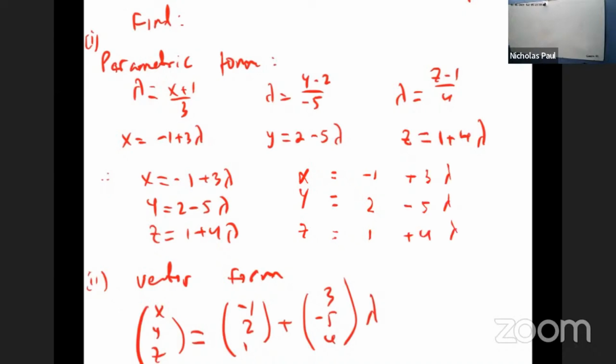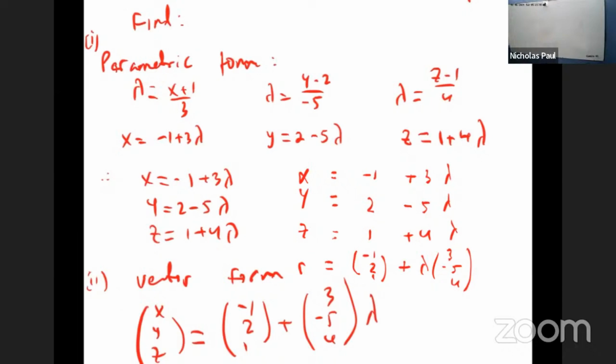That is your B. Okay, so you could write r = (-1, 2, 1) + λ(3, -5, 4). So those are your different forms. I just wanted to remind you what the different forms are, right?